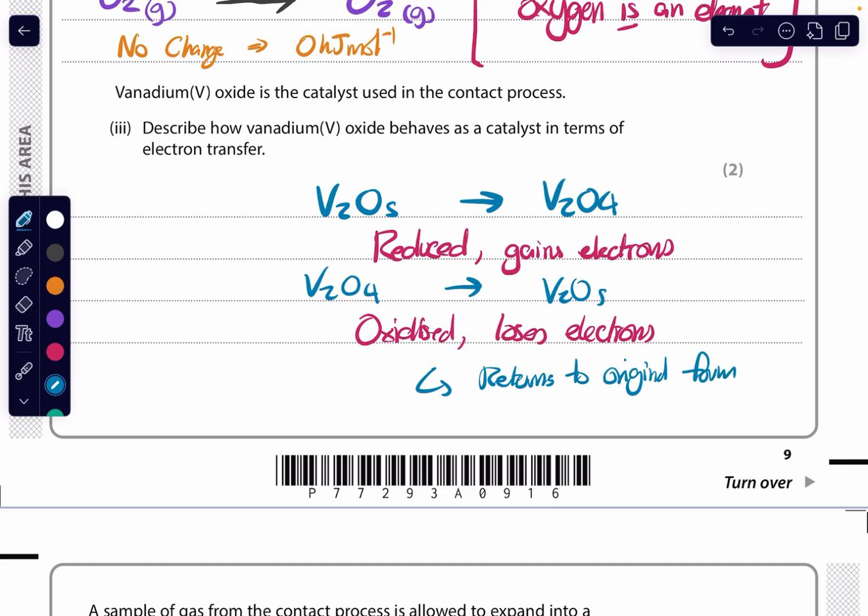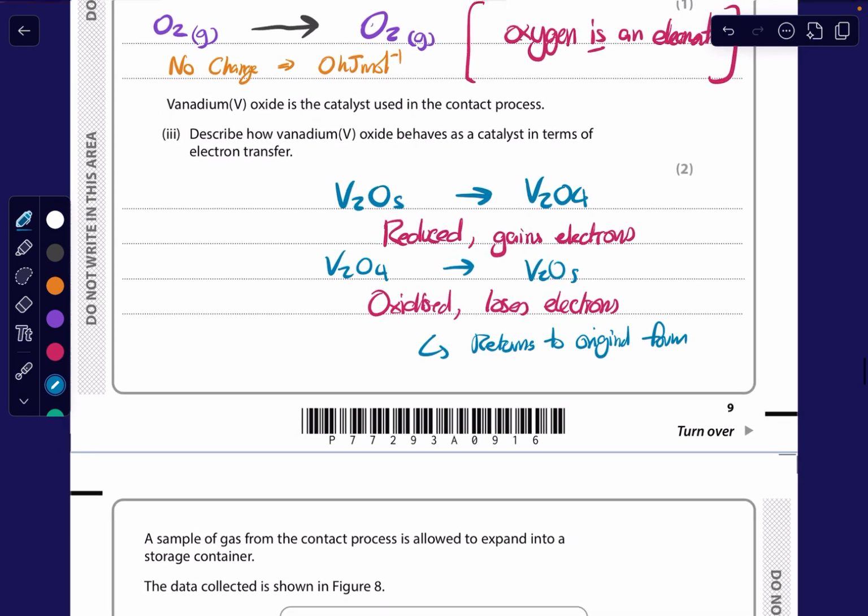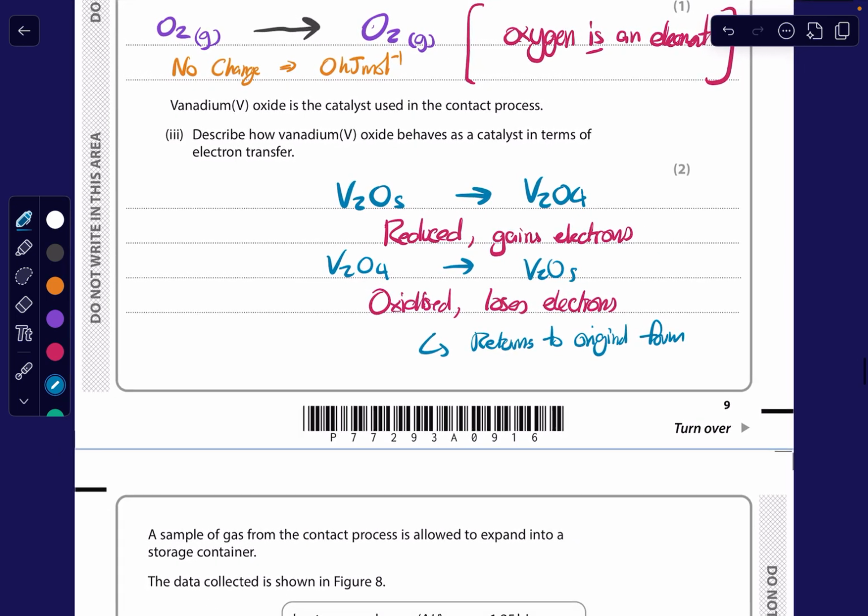Returns to its original form. So you would get the marks there for reduced, gains electrons, then oxidized, back to its original form, loses electrons. 2 marks. I actually think the red parts are what you get the marks for. But you do need to understand that and you do need to memorise it. Unfortunately, yes, you need to know the chemistry inside out to be able to access these questions.